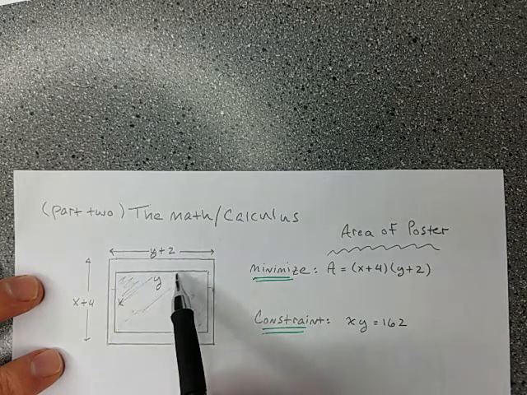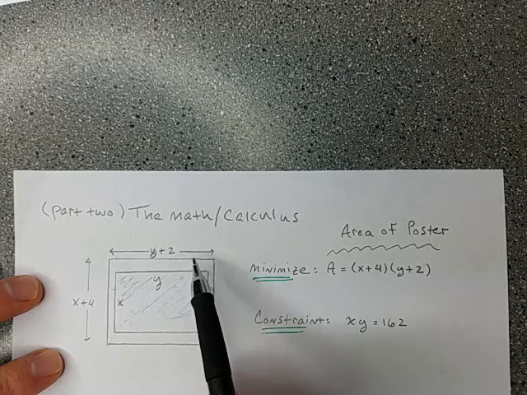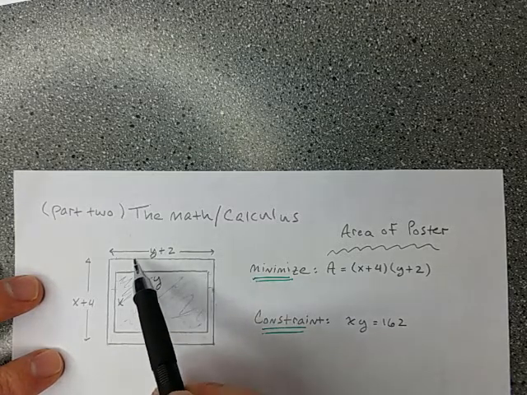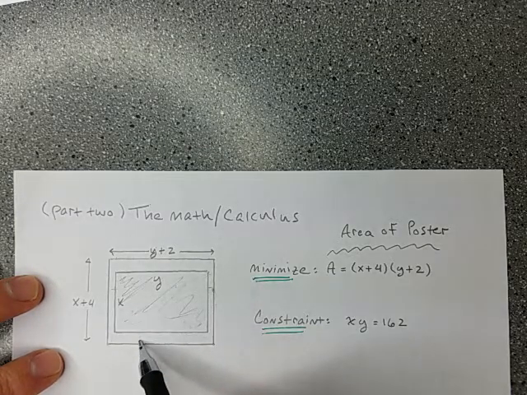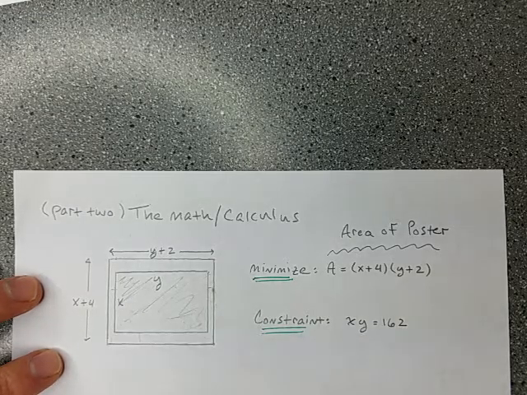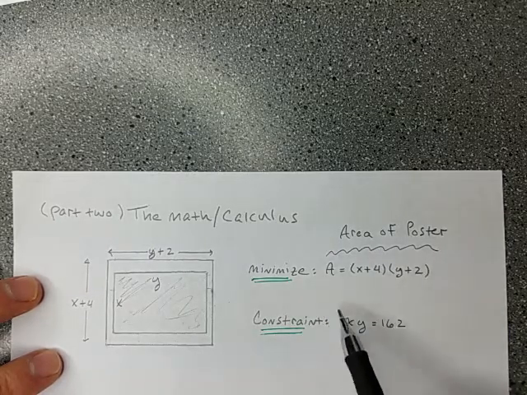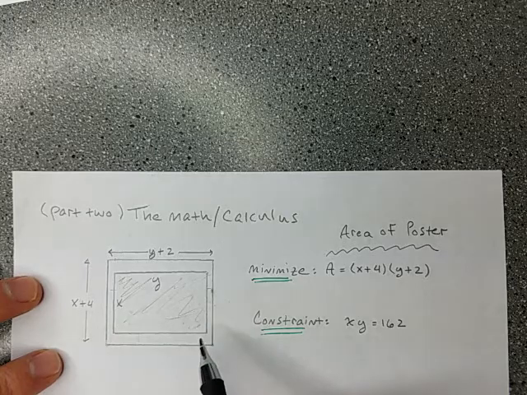That's y plus 1 plus 1, so y plus 2 for the total width. And we have 2 inch margins on the top and bottom, so the height of the poster is x plus 2 plus 2. That's x plus 4. So we want to minimize the area of the poster subject to the constraint of the amount of printed space in it.